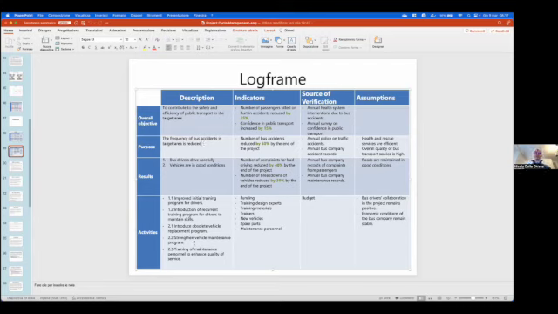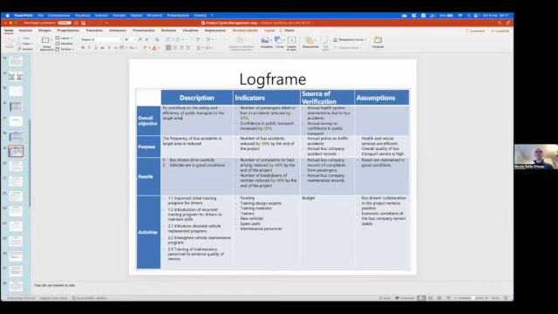Then we can see that in this log frame we have transferred all the information of the objective analysis. Especially a direct transfer is done at the level of the purpose.